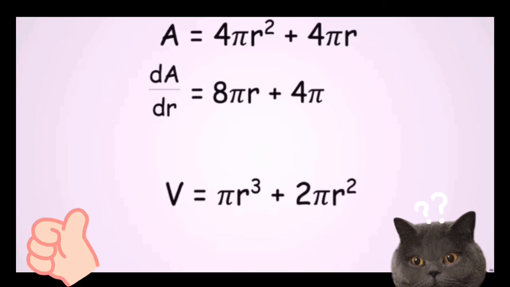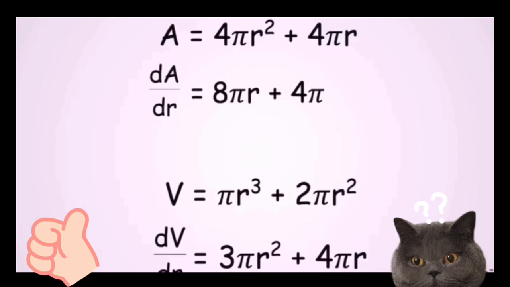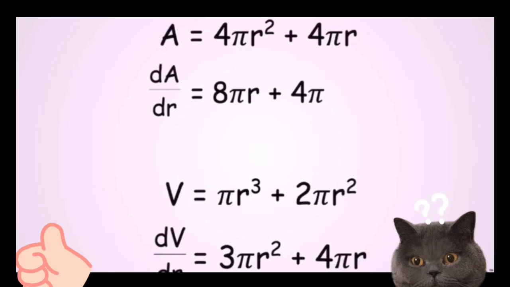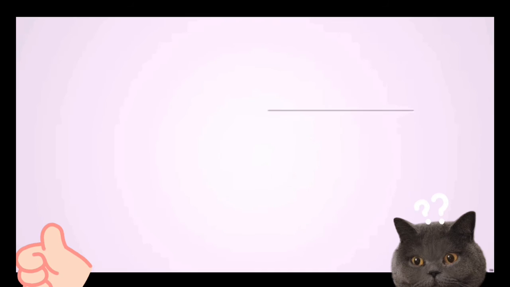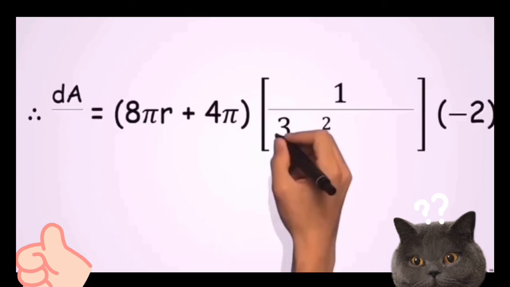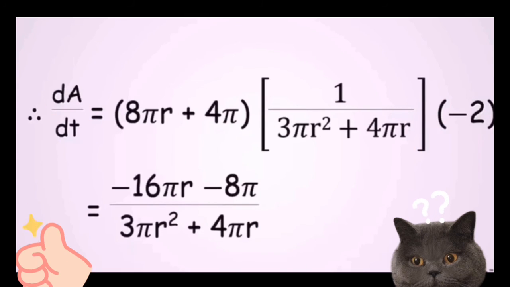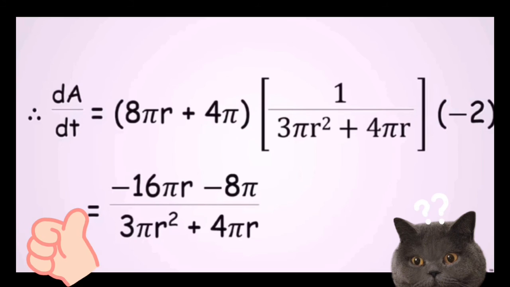Next, dV over dr can be obtained by differentiating the equation of V against r, and the value of dV over dr is 3 pi r squared plus 4 pi r. Now just replace the values in the equation of dA over dt: dA over dr equals 8 pi r plus 4 pi, dr over dV equals 1 over 3 pi r squared plus 4 pi r, and dV over dt equals -2.